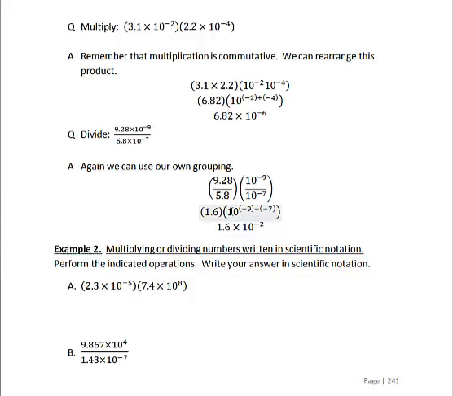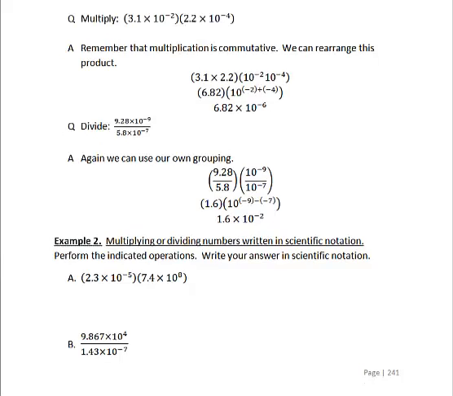We want the 10 in the numerator, so we keep the negative 9 and move the negative 7 to the top by subtracting it. Negative 9 minus a negative 7 is a negative 2. And so once again, we divided two scientific numbers without converting back to standard notation.